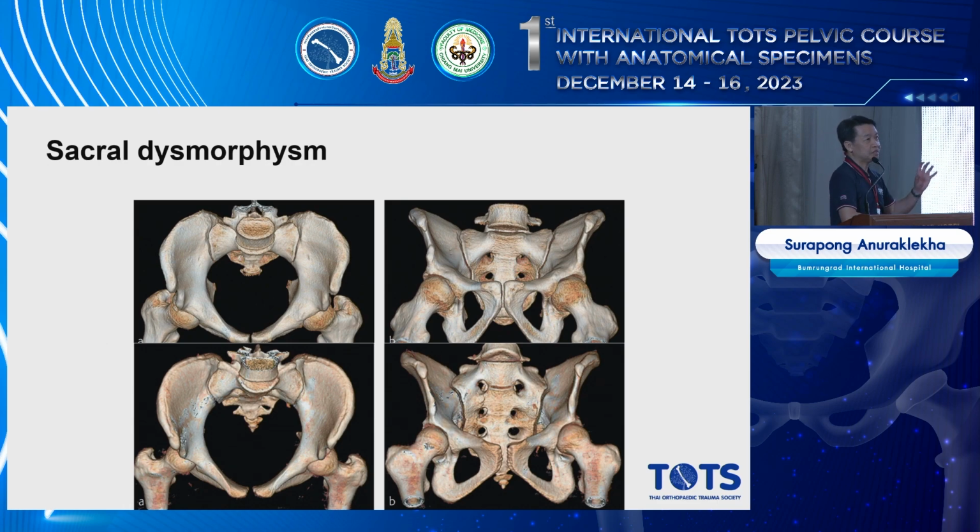I think this has some relation to what we call the transitional vertebra, which in the past we just called lumbarization or sacralization. In my opinion, this is part of the sacralization. You need to identify this because in the case of sacral dysmorphism, the L5 nerve root is in a position that has some risk when you decide to put the screw.